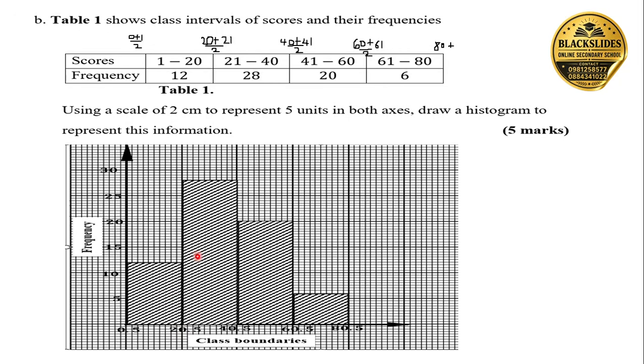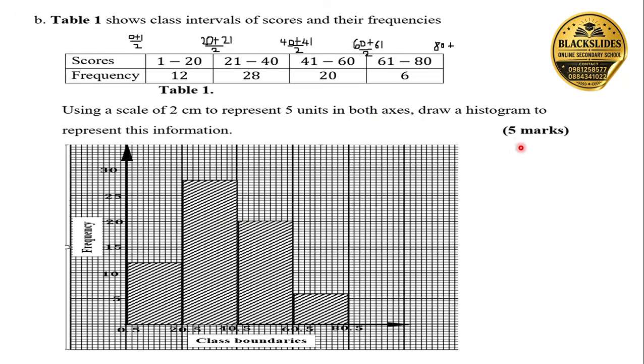These are found by simply taking the average of the upper and lower scores divided by 2, just like that. This is going to be 40.5 and so on, and the last one will be 80.5, which is what I mentioned earlier on.